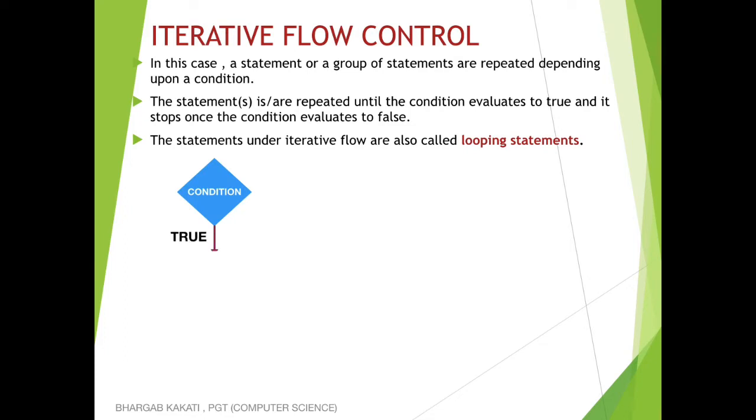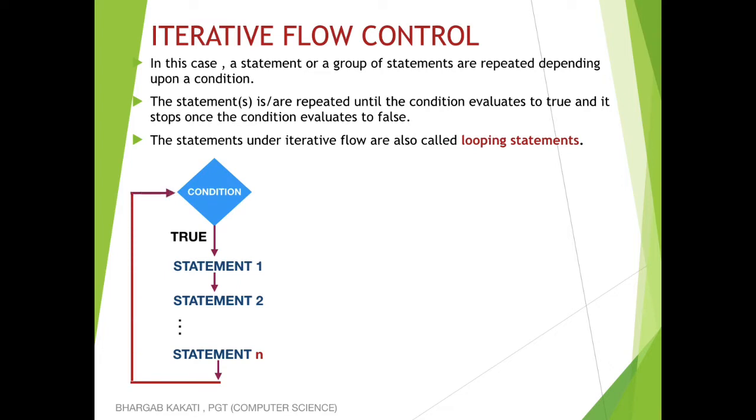If the condition is true, a block of code or a group of statements will be executed, and after that group of statements is completed, the control will come back and check the condition again to see if it is still true. If the condition is true even now, then this block of statements, that is statement 1, statement 2, up to statement n, will get executed again and again.